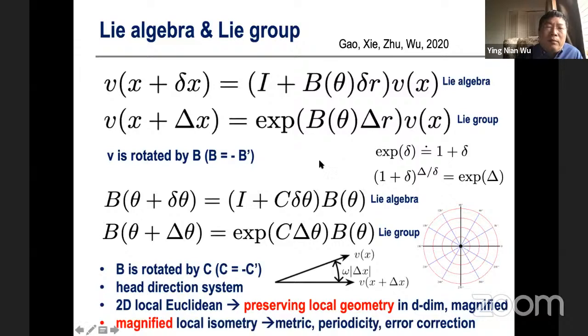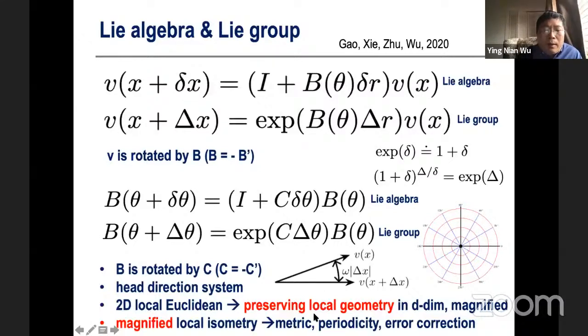So the idea is that when the agent, the red one, moves, for example in this direction, the corresponding vector is rotated by B. And when you change the direction, this B matrix, the generating matrix, is rotated by another generator matrix C. So this gave us a mapping for this system, this so-called egocentric polar system type of movement.